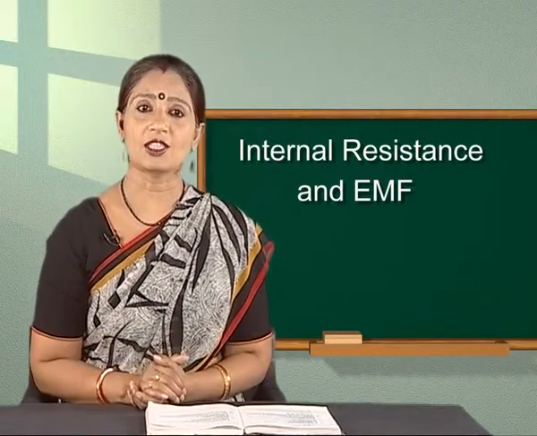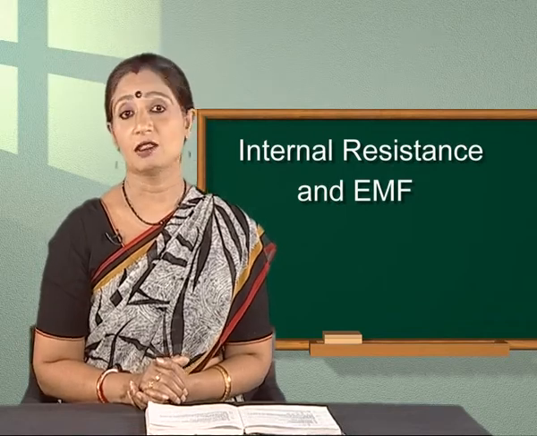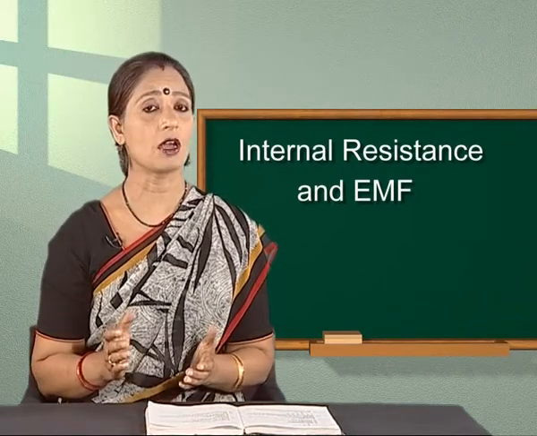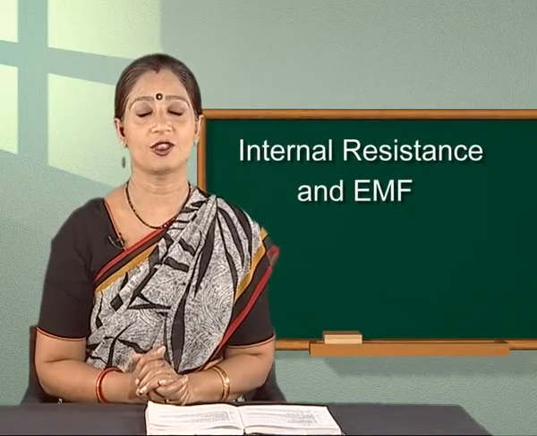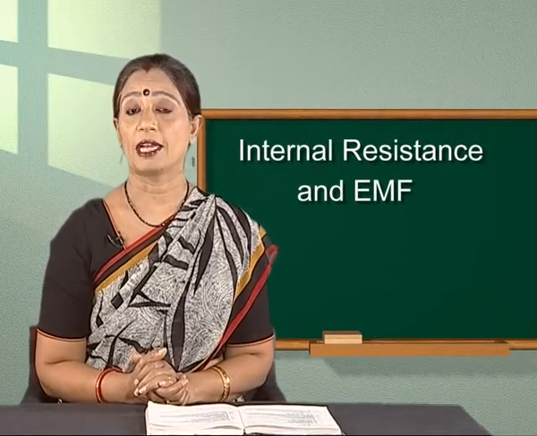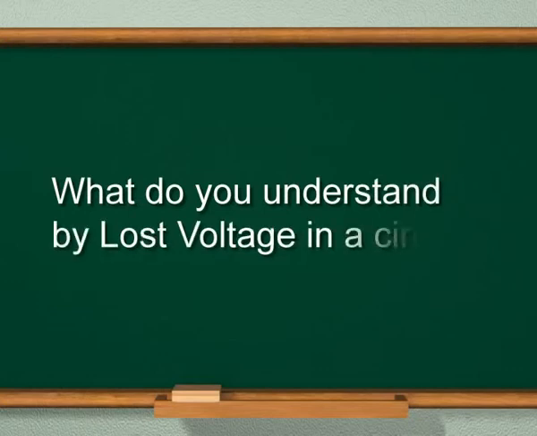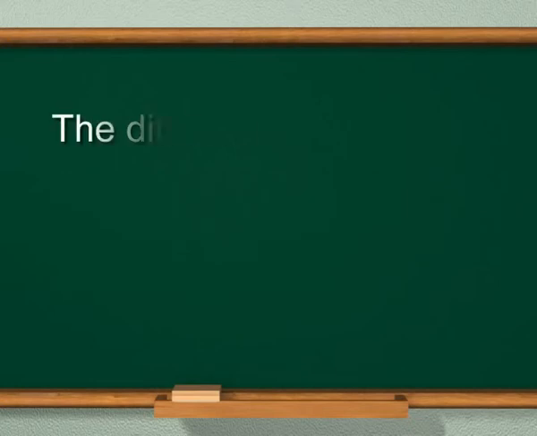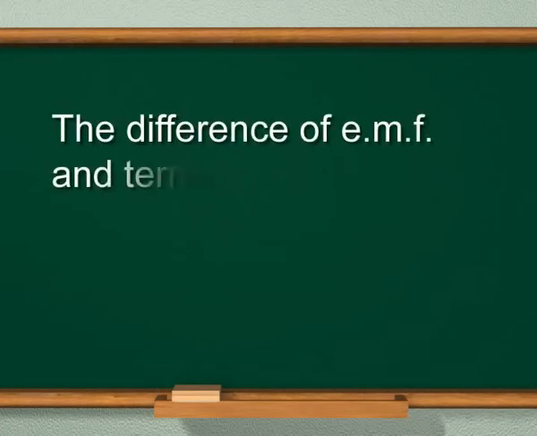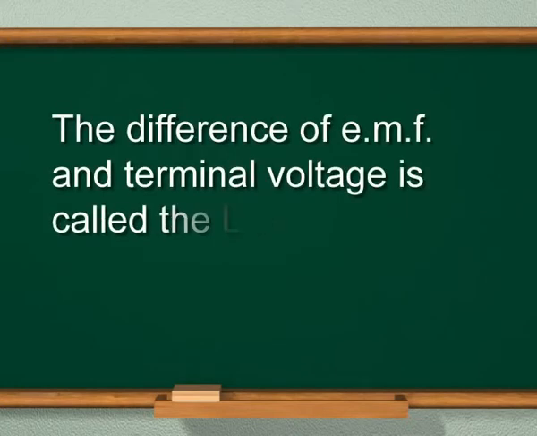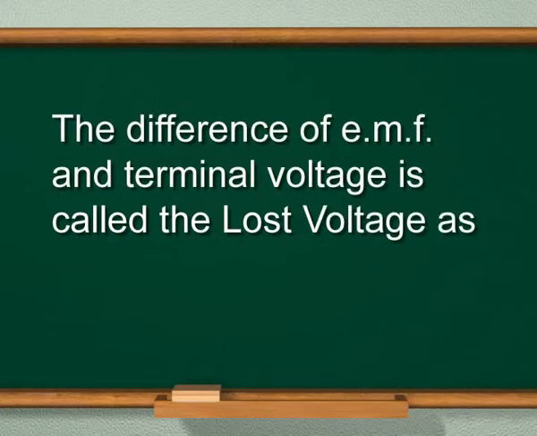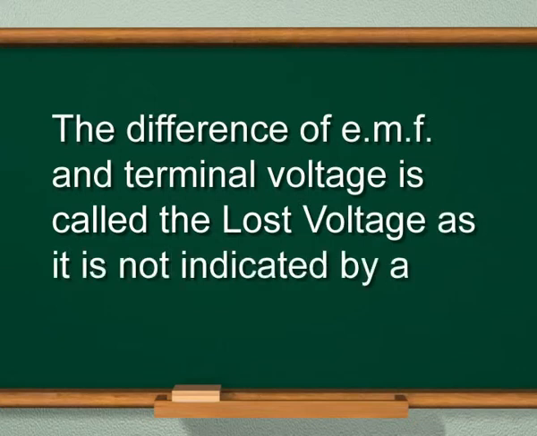It's time to ask you some questions now, just to make you feel more confident regarding the contents of today's lesson. My first question is, what do you understand by lost voltage in a circuit? The answer is, the difference of EMF and terminal voltage is called the lost voltage, as it is not indicated by a voltmeter.